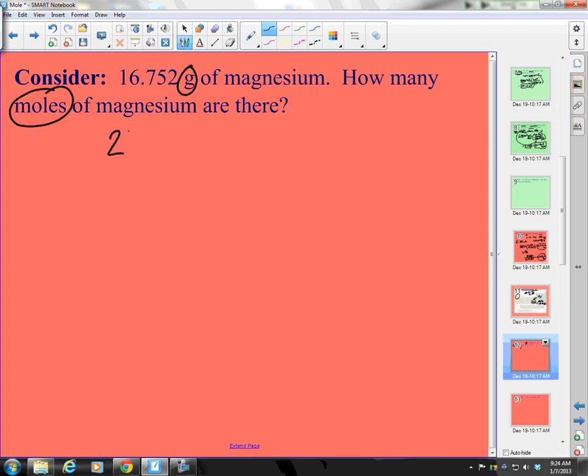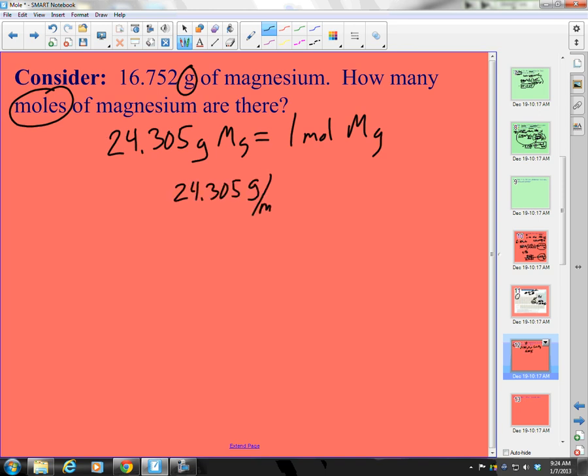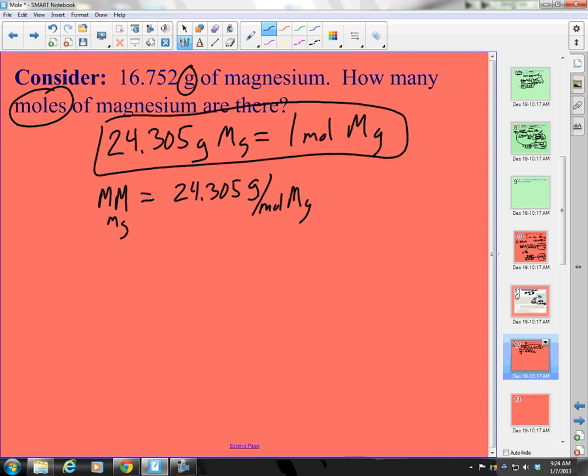So I have 24.305 grams of magnesium equal 1 mole of magnesium. Or you could have thought of it as 24.305 grams per mole of magnesium. Either way, this is my molar mass of magnesium. This is the equality, and I'm going to turn that equality in a second into a fraction.